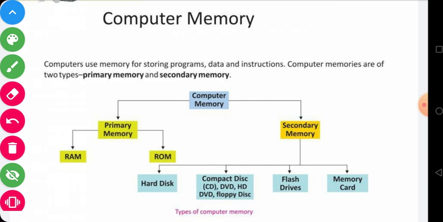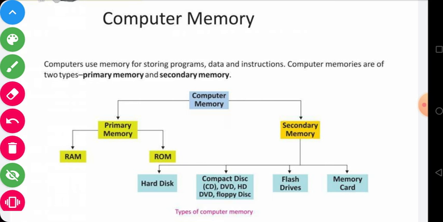The memory does not hold its data after we switch it off. Whereas in ROM, memory is retained after switching off the device. So the basic difference between the two is that RAM is volatile and ROM is non-volatile.